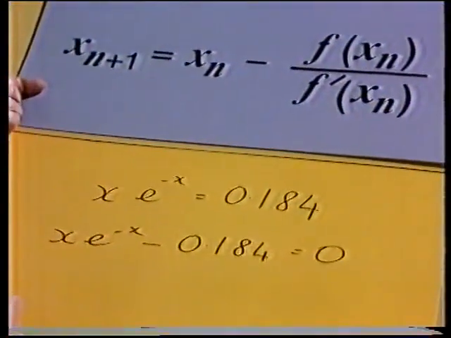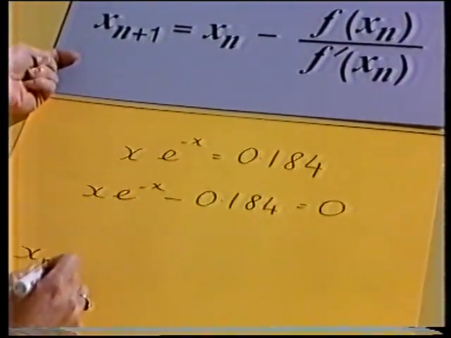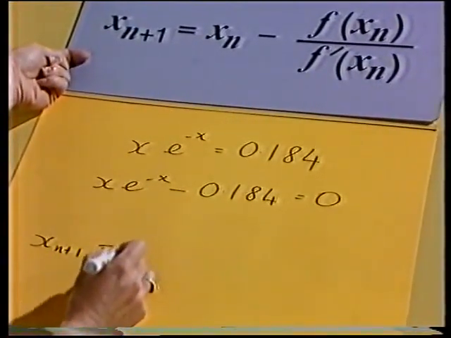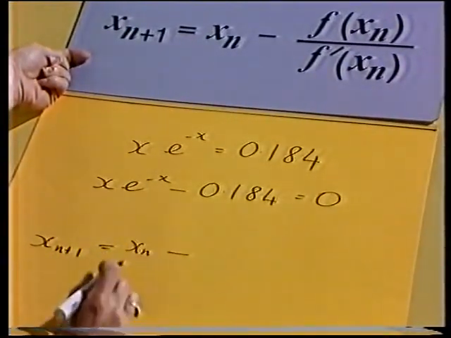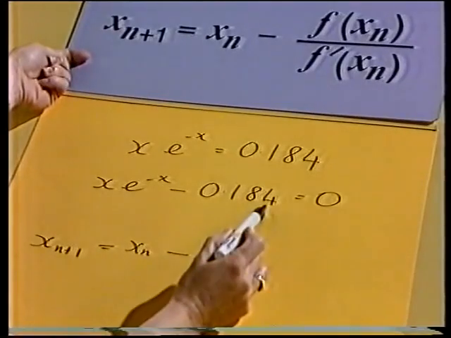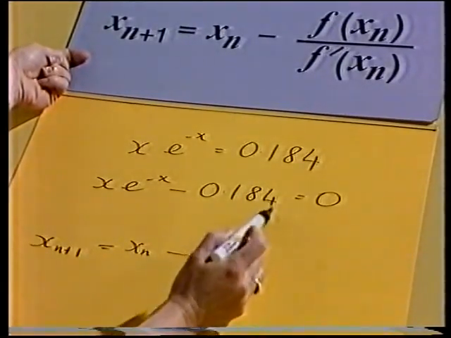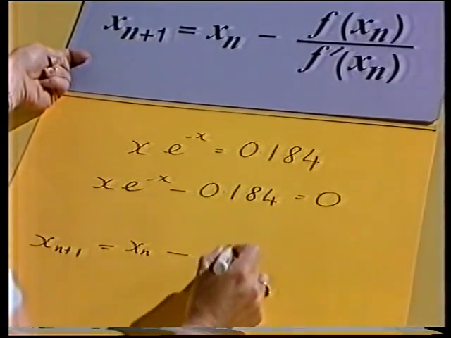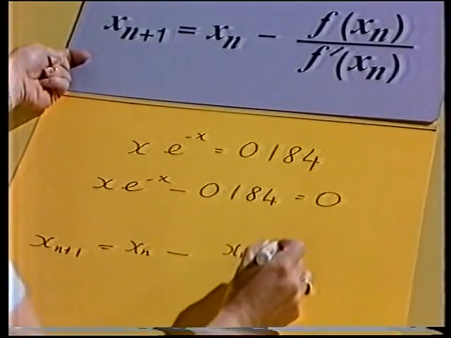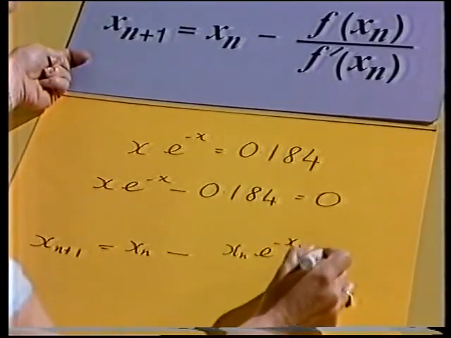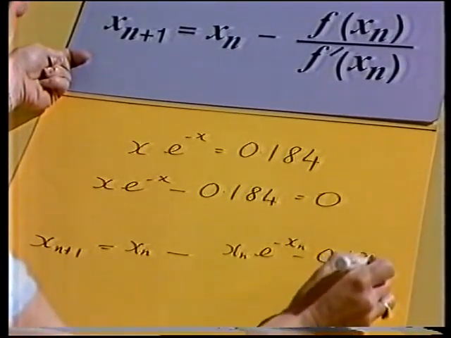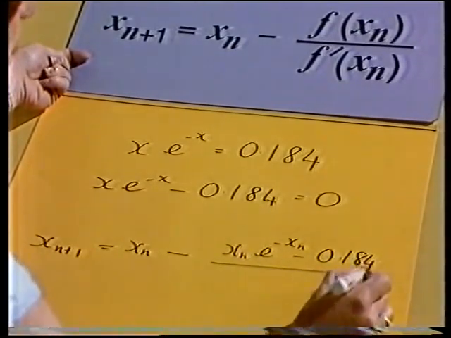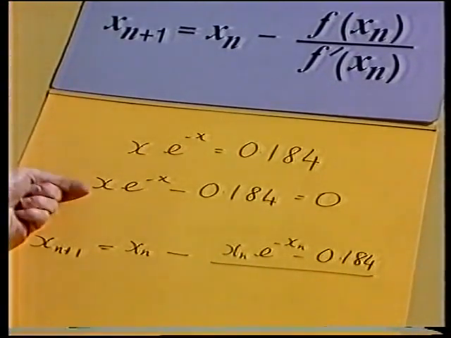The iteration we want is x n plus 1 equals x n minus this function evaluated at x n divided by its derivative at x n. So the top bit is just x n e to the minus x n minus 0.184, and that's divided by the derivative of this.